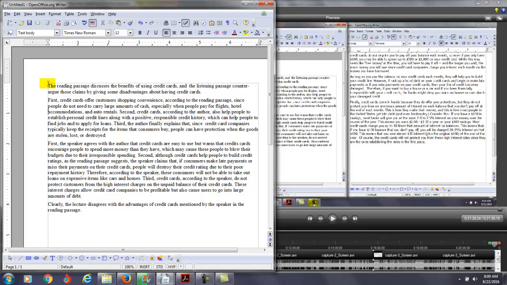Second, credit cards, according to the author, also help people to establish personal credit lines along with a positive, responsible credit history, which can help people to find jobs and apply for loans. Third, the author finally explains that since credit card companies typically keep the receipts for the items that consumers buy, people can have protection when the goods are stolen, lost, or destroyed.